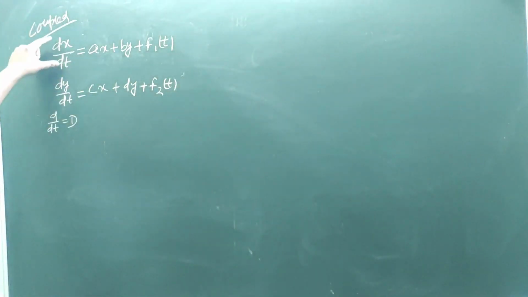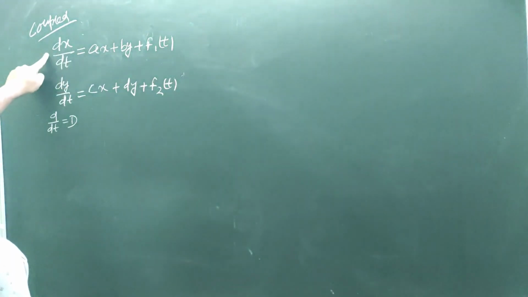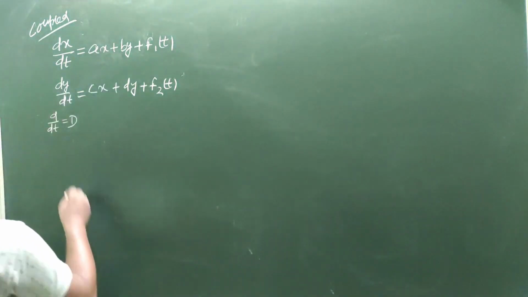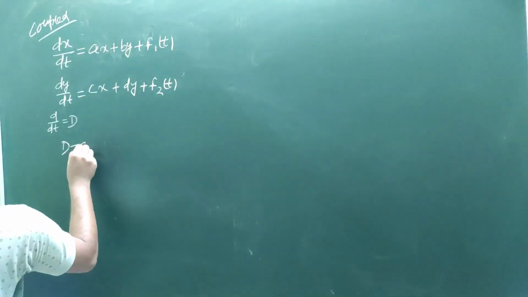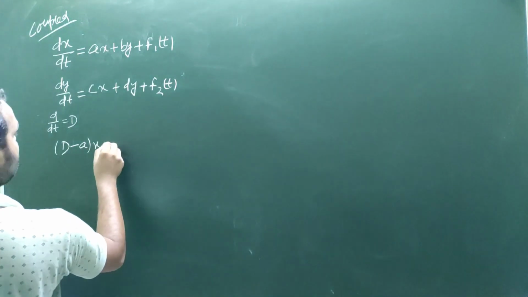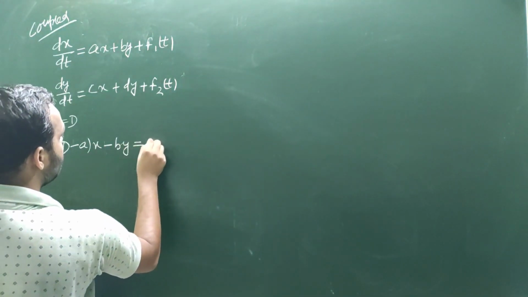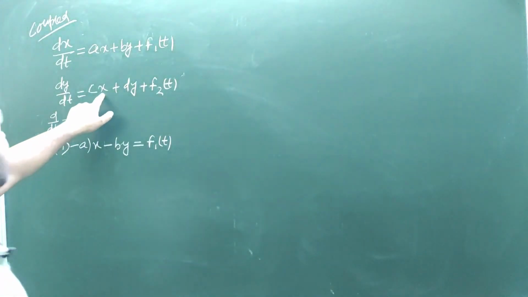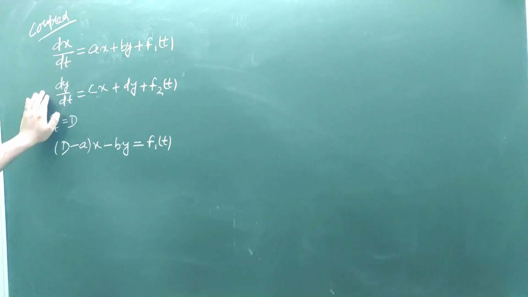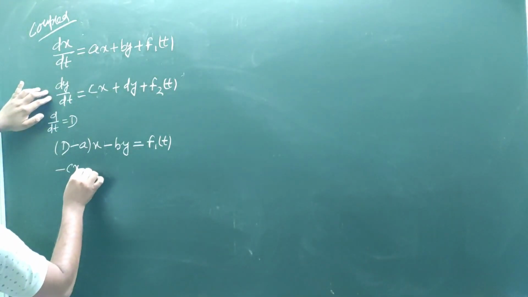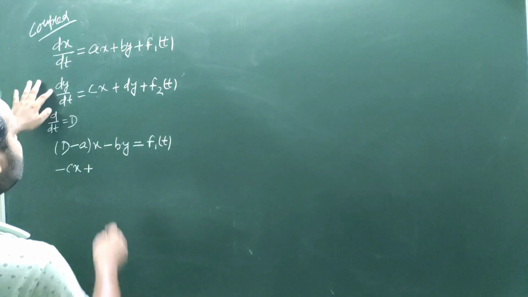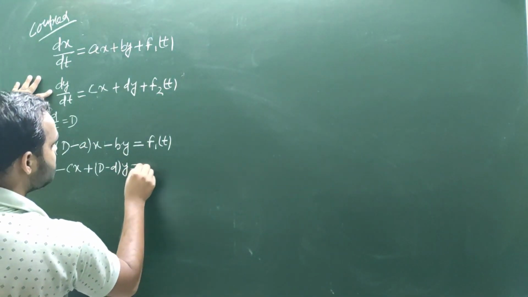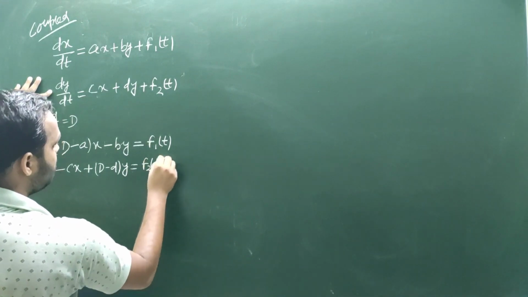So we can write (D minus a) x minus b y is equal to f1(t). In the second equation, minus c x plus (D minus d) y is equal to f2(t).